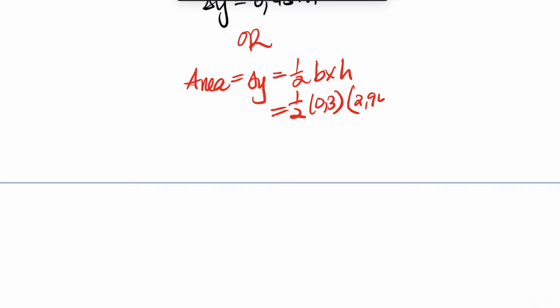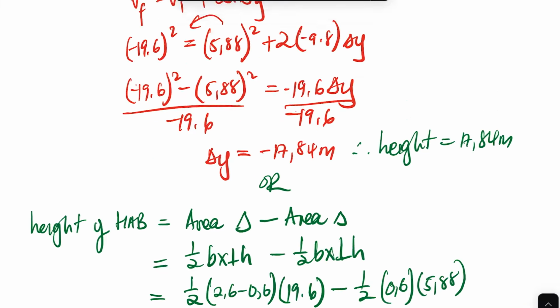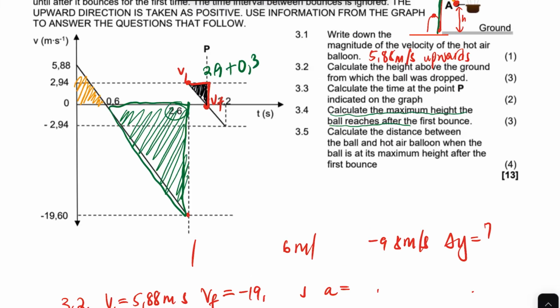If I punch that in the calculator, I say half times 0.3 times 2.94, it's 0.45 meters. That's how you calculate without using the equation of motion. In this case, it's when they do not want the equation of motion. Okay, the last question, guys, before we end this.